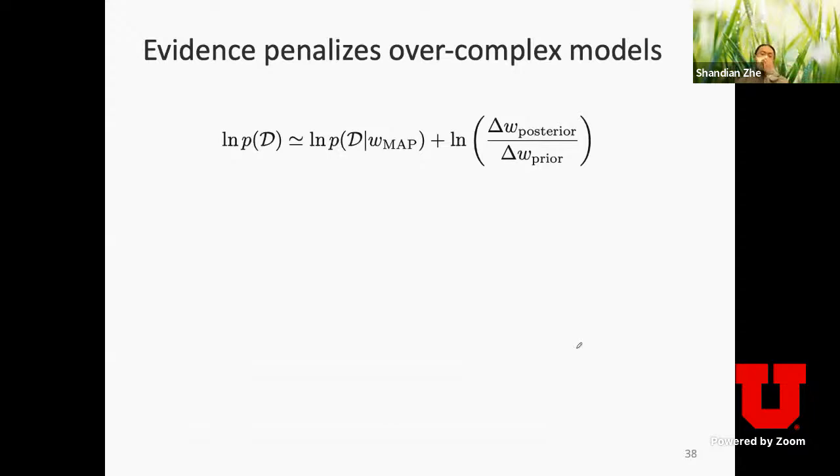So now, if you take a logarithm, we see that the log model evidence is approximately the log likelihood of the data given the MAP estimation plus the log ratio of the ranges, right? One for the posterior and one for the prior.